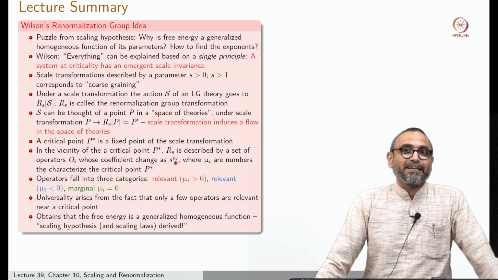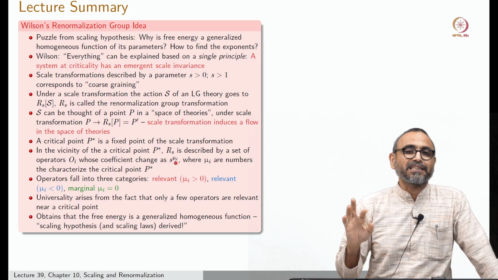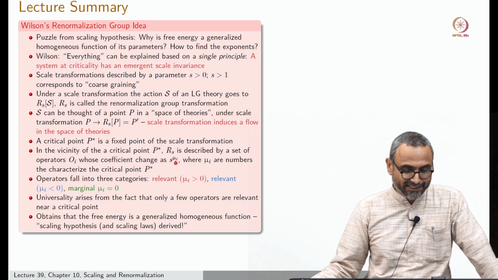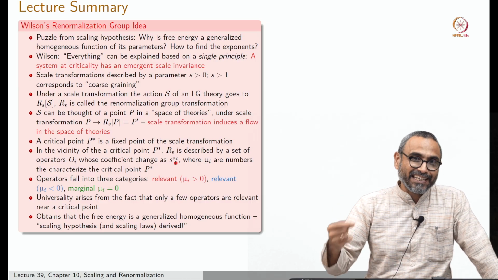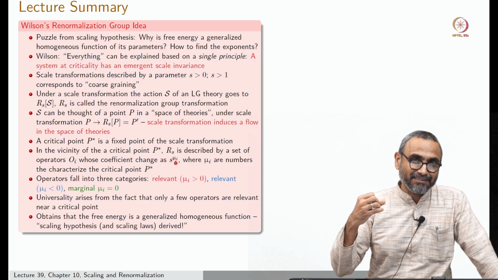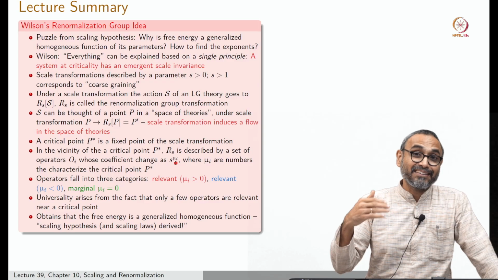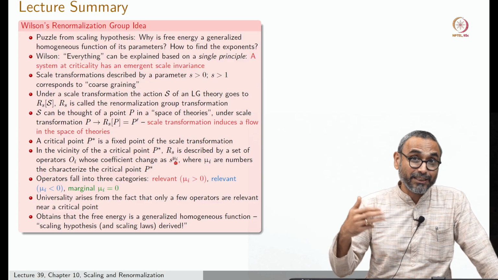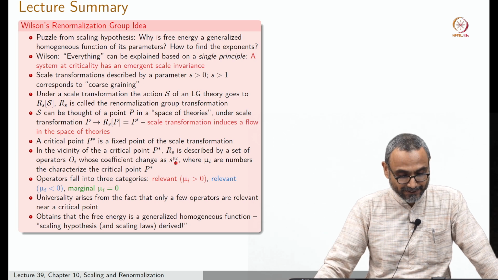Based on this, and using simple ideas about partition functions and the connection to free energy, we were able to show that the free energy density near a critical point will be governed only by the parameters associated with the relevant operators, and that it is a generalized homogeneous function of these relevant parameters.